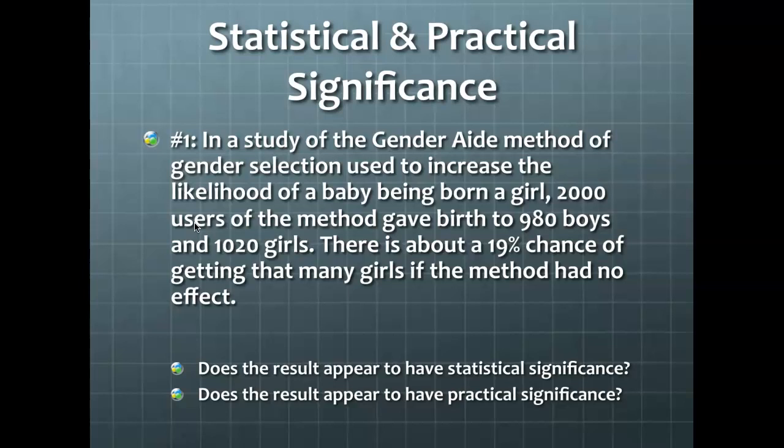There's about a 19% chance of getting that many girls if the method had no effect. Let's think about it. Does the result appear to have statistical significance? Does the result appear to have practical significance? Stop the video for a minute and think about it.